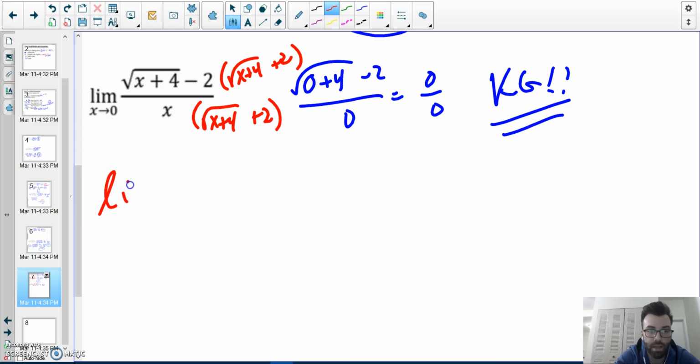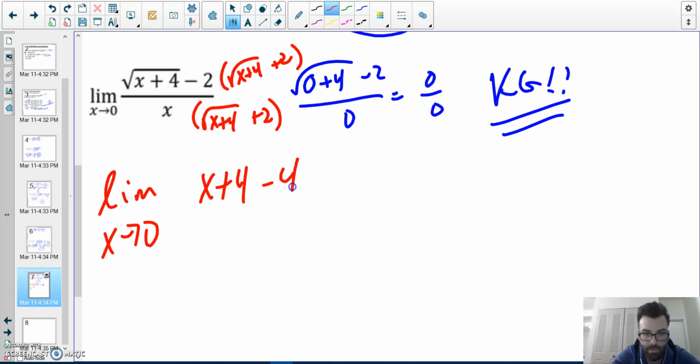If I multiply my numerator, that square root sign is going to drop out. I'll have positive 2 root x plus 4, negative 2 root x plus 4, which will drop out. So I'll just be left with negative 2 times 2, which gives me negative 4. The denominator, I will have x times root x plus 4 plus 2. What happens here?